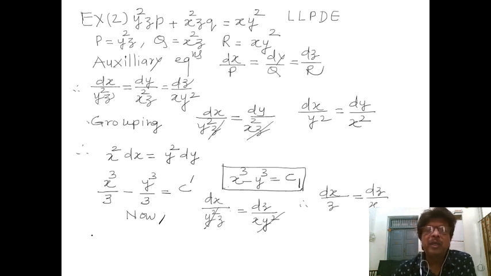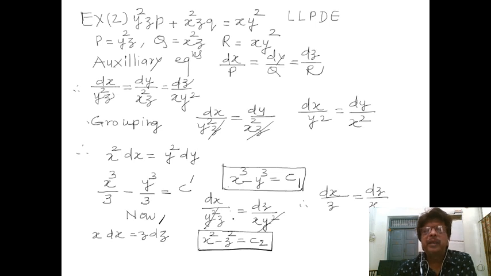Which gives me, what does it give me? x dx equal to z dz. So, on integrating this, x square minus z square equal to c2, this family of hyperbolas in the xz plane.